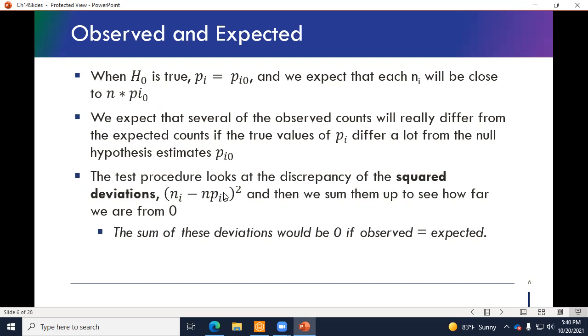We take their difference, square it, and then sum them up to see how far they are from zero. If the sum of the deviations is close to zero, we know the expected and observed are close, right? Again, we have the question about how far from zero is too far.